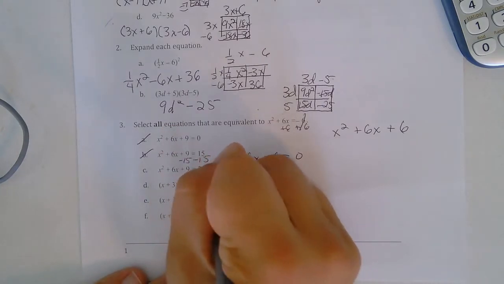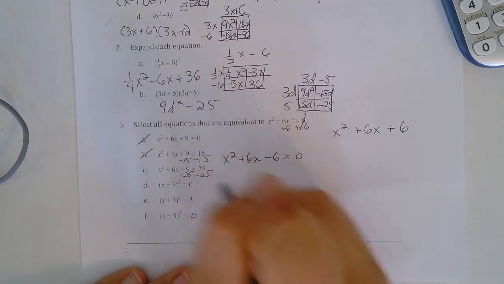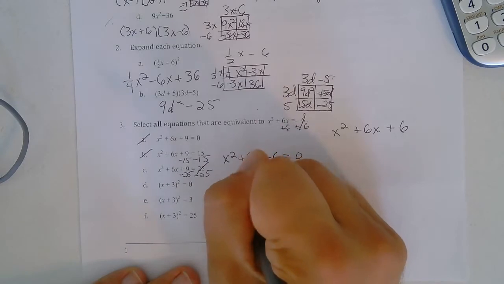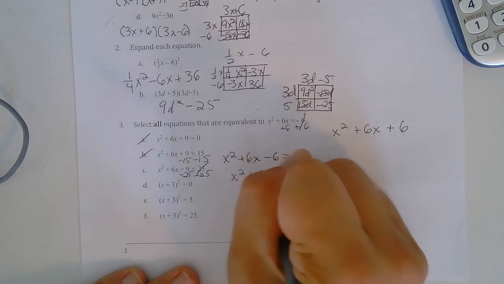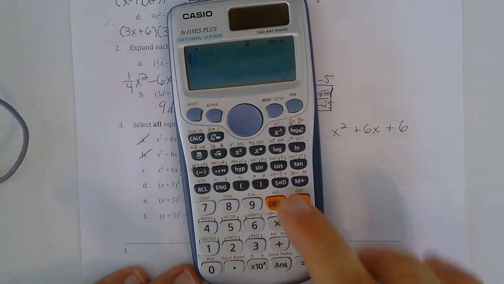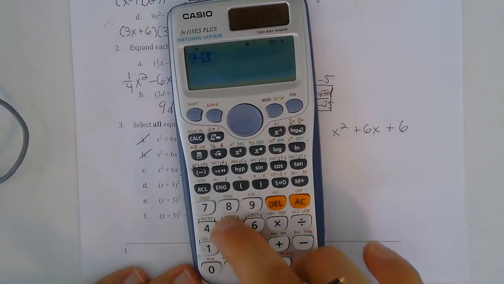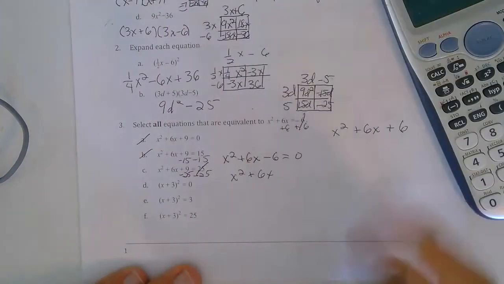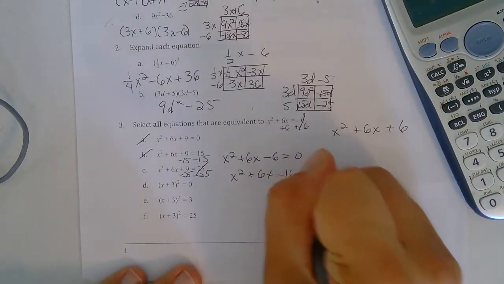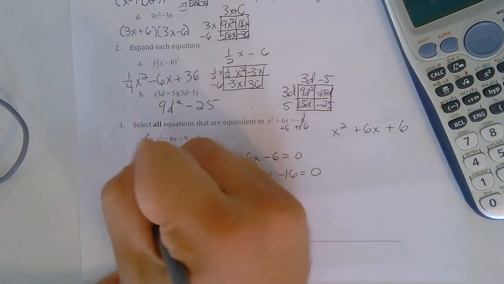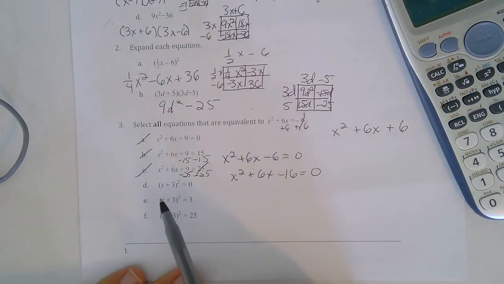Then subtract 25 here, and you get x squared plus 6x. And then we can do 9 minus 25 and get negative 16. So minus 16 equals 0. So that's not true.